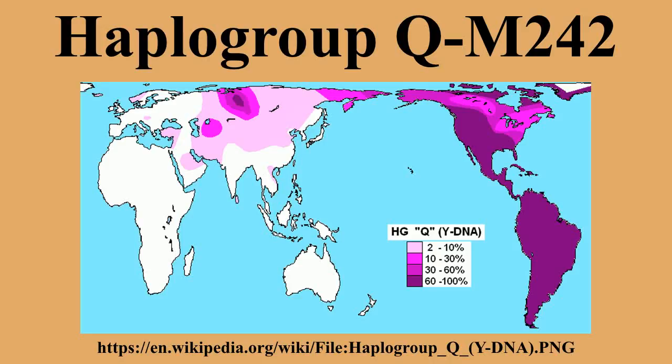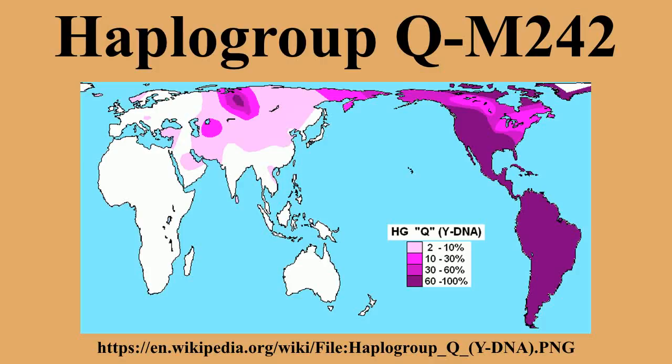Q-M346 found at low frequency in Europe, South Asia and West Asia. It has been found in Pakistan, Iran, Afghanistan, Kyrgyzstan, Saudi Arabia, the United Arab Emirates, India, Mongolia, Tibet and Bali. Q-L53 Q-M3, common in indigenous peoples of the Americas.